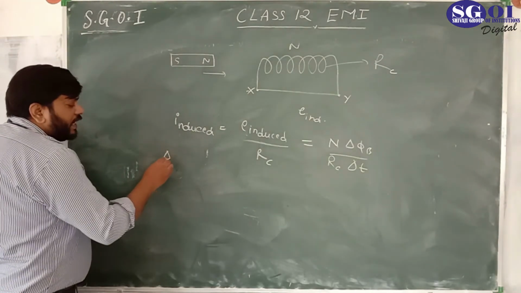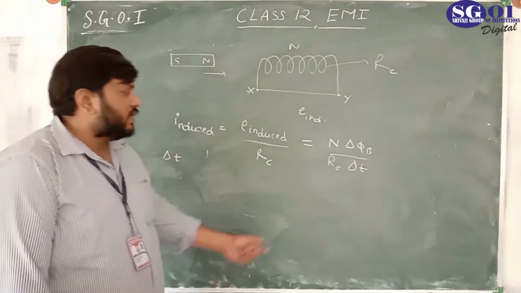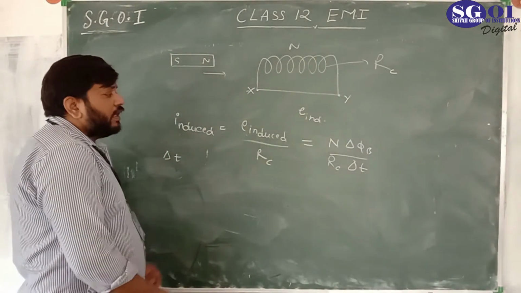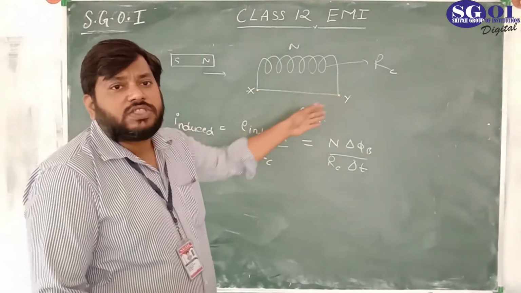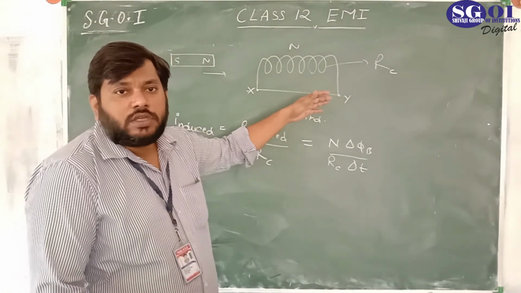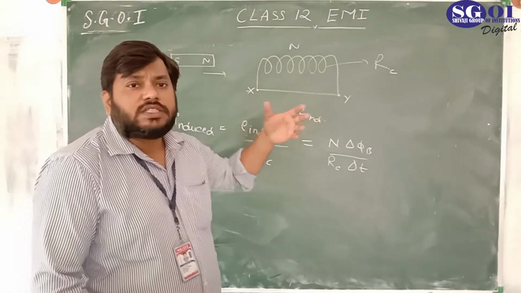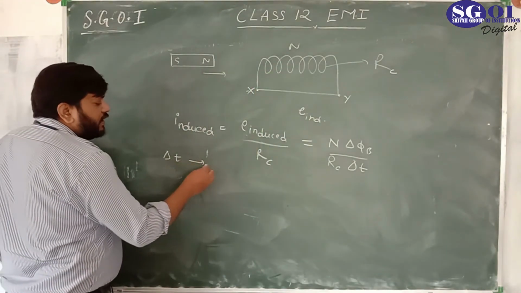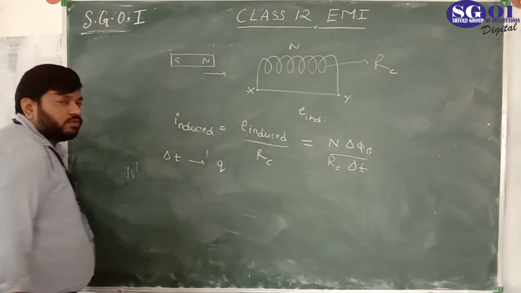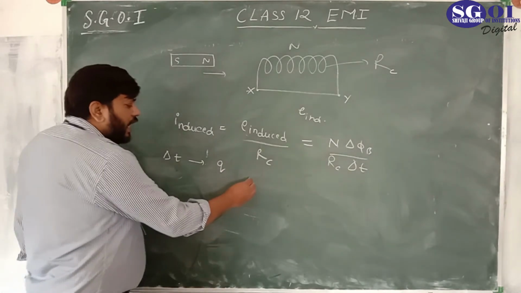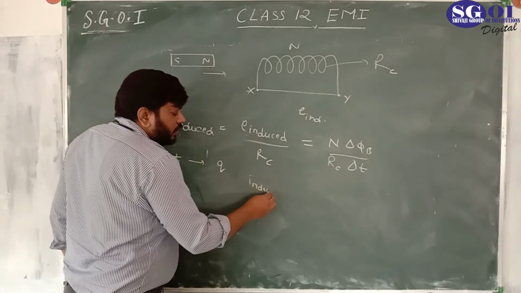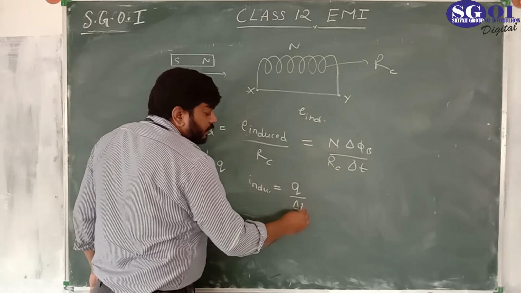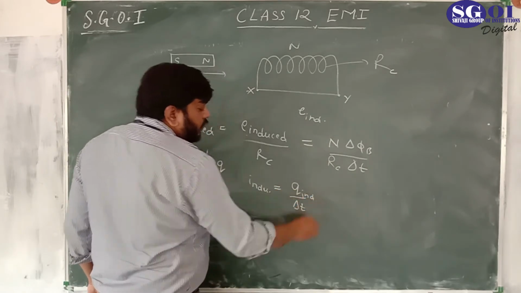Now if in delta t time interval current is flowing, it means charge is moving. So what is the induced charge in delta t? Let's say the induced charge is q, and we know that I induced equals q induced upon delta t.